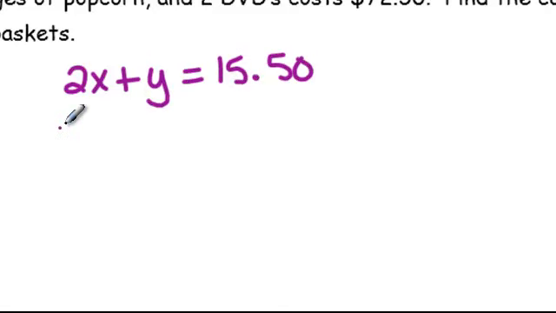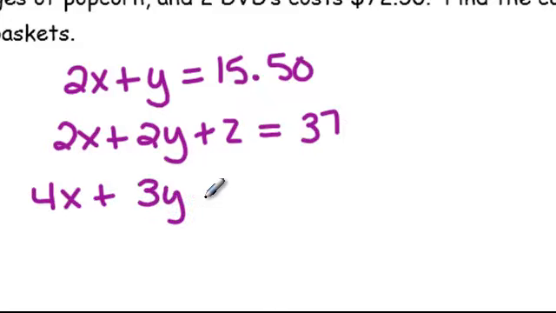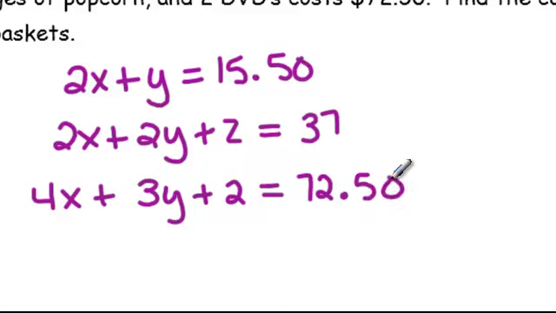Next one, I have 2X plus 2Y plus Z is equal to $37. And then my third one, I'm going to have 4X plus 3Y plus 2Z is equal to $72.50.